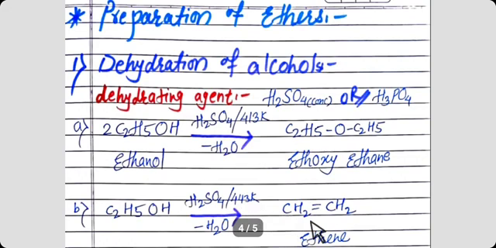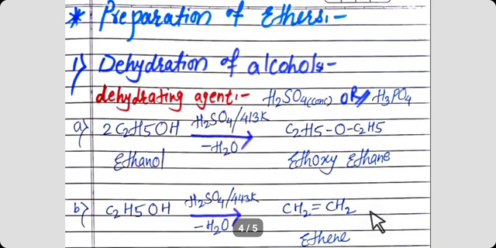So student, when alcohol is heated with a dehydrating agent like concentrated H2SO4 or H3PO4, either ether or an alkene can form depending upon the temperature.